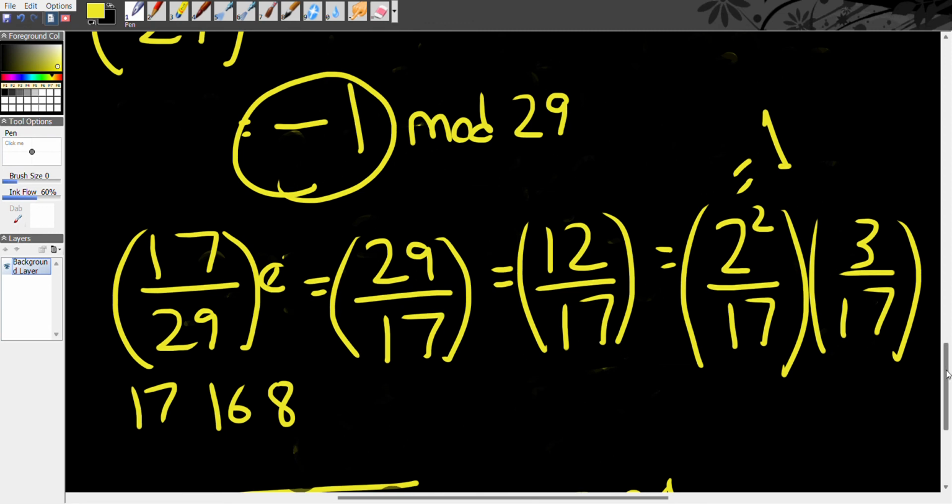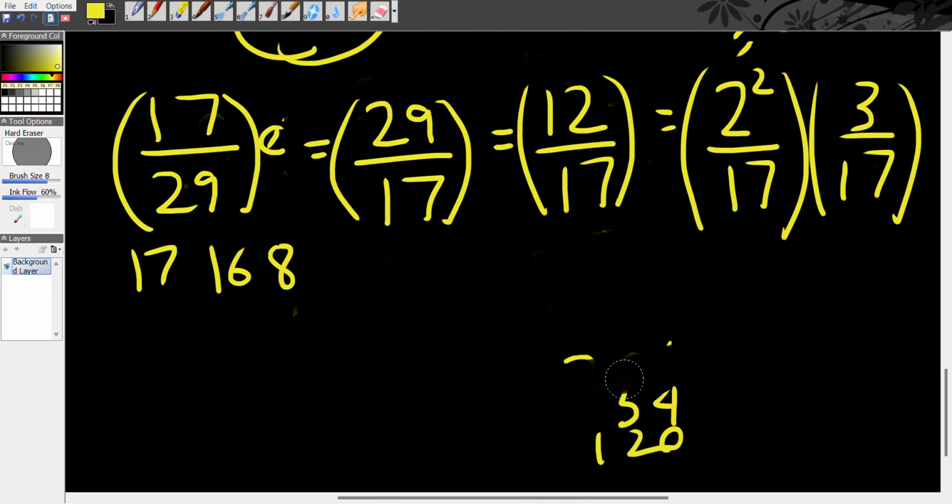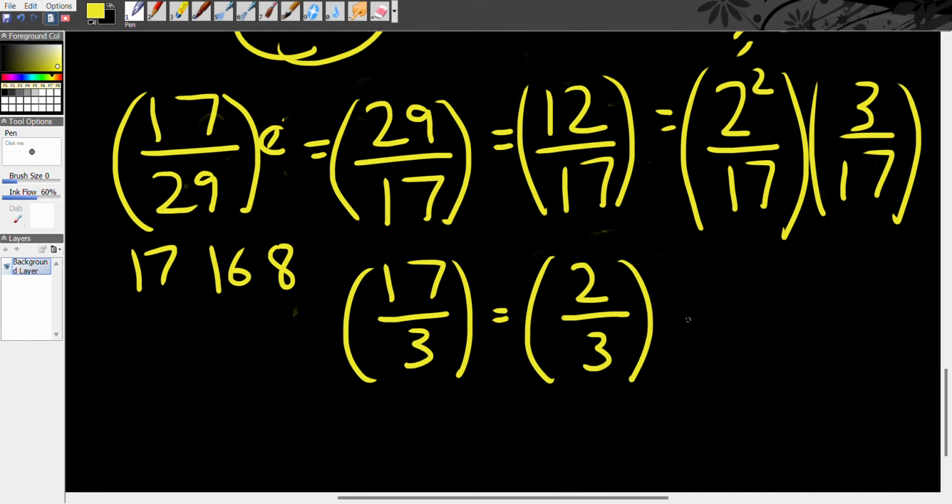And then we know 17 minus 1 over 2 is even, right? Which means that we can flip again. And now we really are down to the Legendre symbol 17 over 3, which is, take out 15, 2 over 3, which is minus 1.